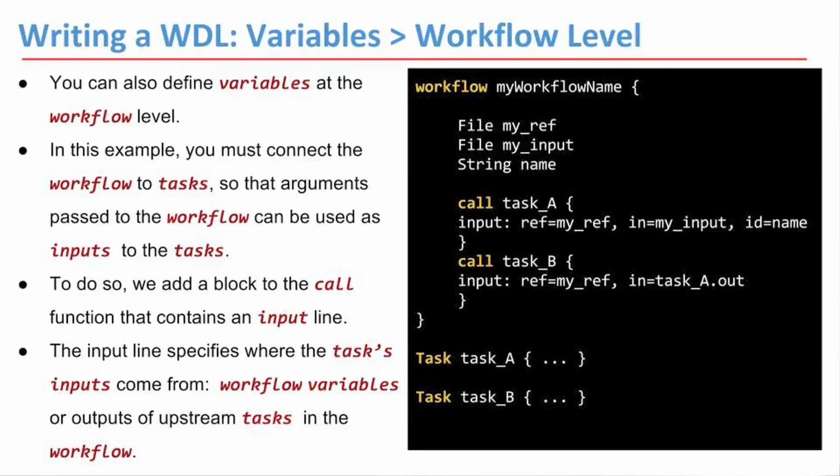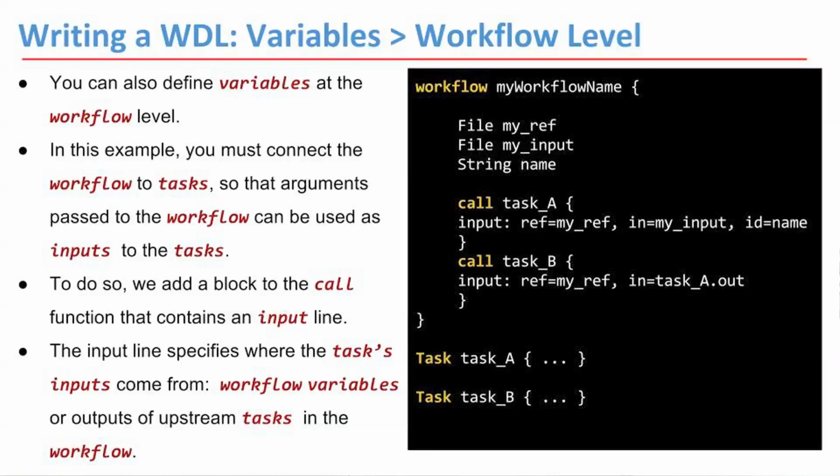And if we were to go down and open up this task A, we would see that one of the explicitly declared outputs is going to be out. So this is how you do the plumbing. This is how you specify a dependency of task B on the output of task A. It's pretty straightforward. myref, my input, the name would show up in your method configuration?